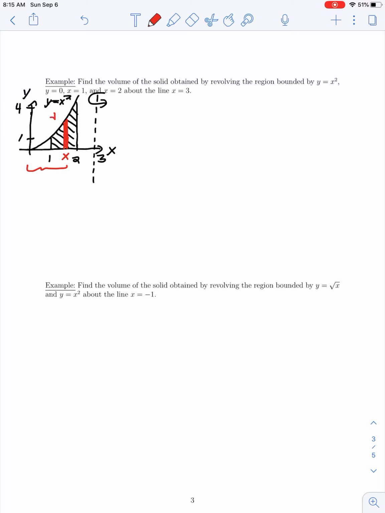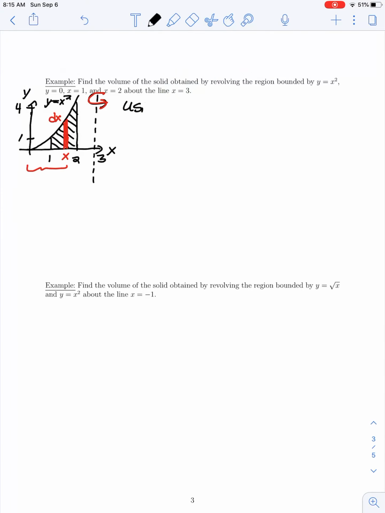And the thickness of this little slice we're going to call dx. So if we look at our representative strip, or our slice here, and we revolve that strip about the line x equals 3, well, revolving a vertical slice around a vertical line, we're going to get a shell shape for our cross-section. So we're going to be making use of the shell method.